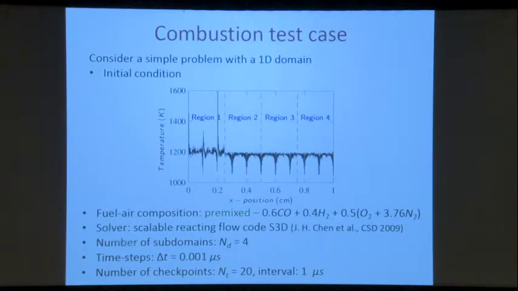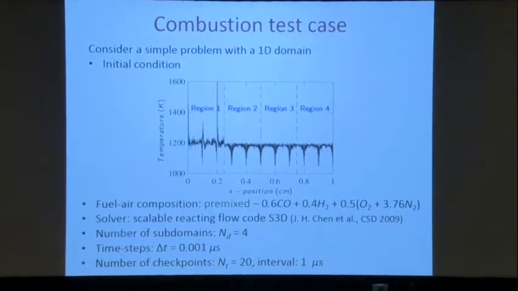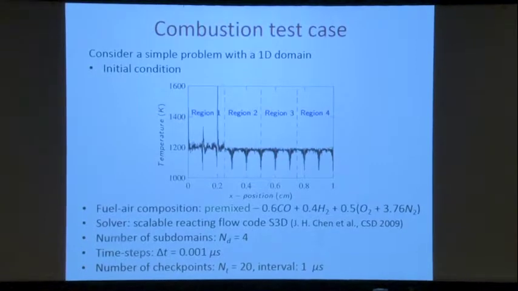So we took a little bit more realistic case. This is still synthetic. It's a combustion test case with autoignition. And we basically defined in one dimension a spectrum of temperatures. And we decomposed it into, let's say, 4 domains, computational domains, regions 1 through 4. And deliberately imposed a higher temperature of 1600 in only the first domain.